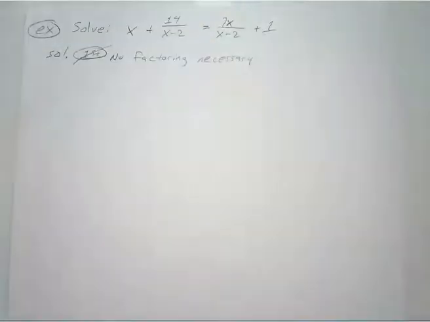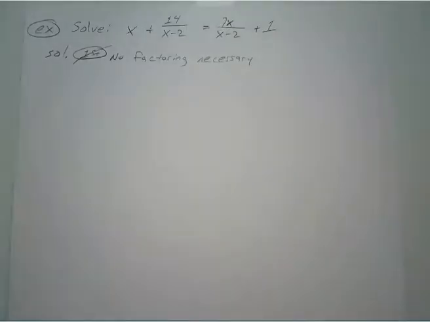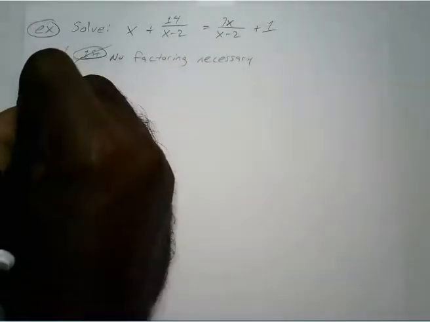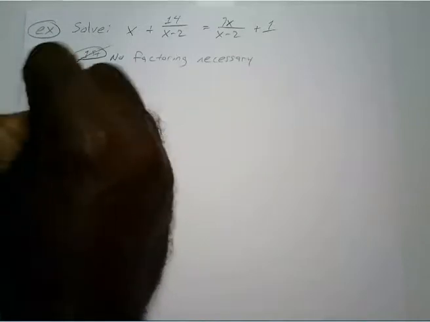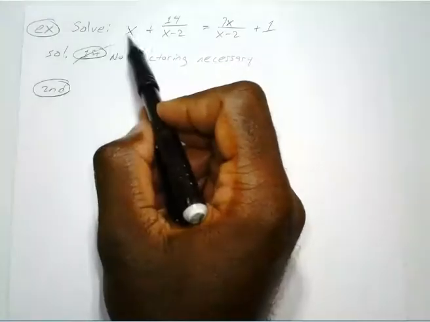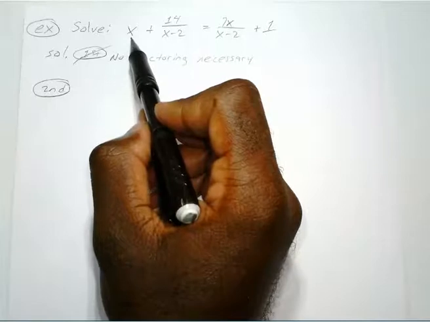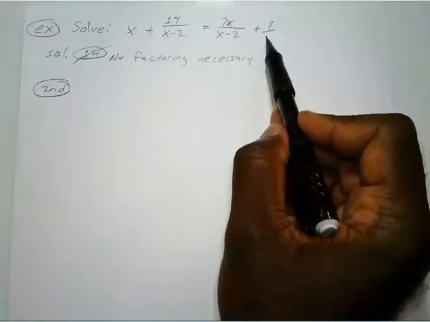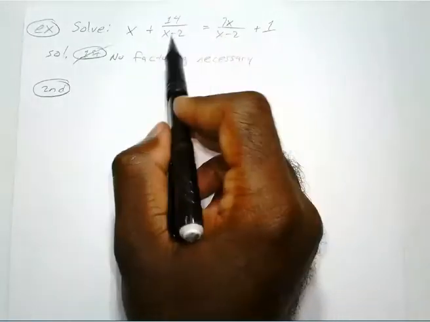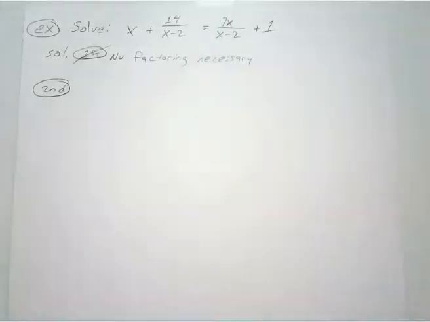So we can go ahead and skip the first step. All right. So we're going to go ahead to our second step. Here, we just have one value. Here's a variable value. And we have a whole number value. And we have an x minus 2 in our denominator.